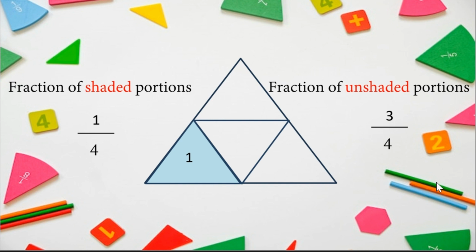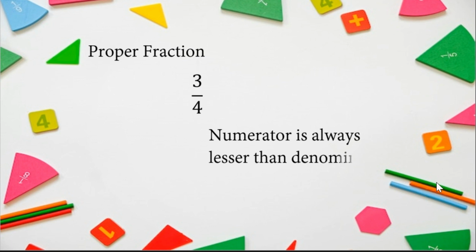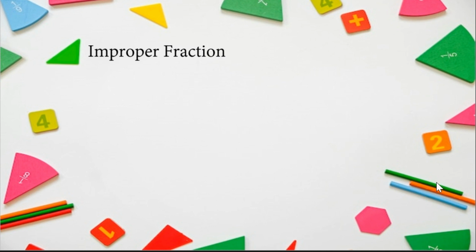These fractions can be of different types. Proper fraction. A proper fraction is the case that we have seen so far, 3 upon 4. If we observe this fraction, the numerator is always smaller than the denominator. If a fraction is in this manner, then it is called a proper fraction. Improper fraction.